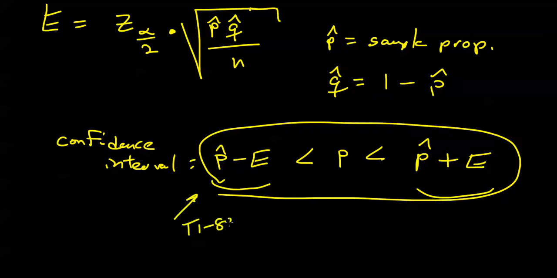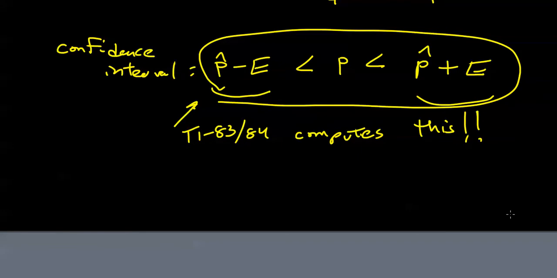All right, the TI-83/84 calculator computes this for us. So we're going to be talking about a new operator on our TI-83/84 calculator, and I'm going to jump right in and do an example of this right now. I want to talk about example 3 in our book.